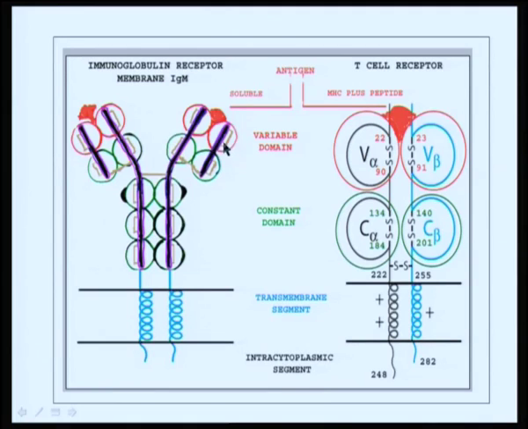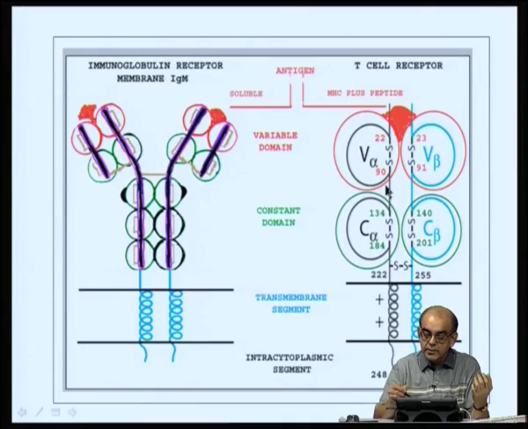However, just like the immunoglobulin molecules, which are shown in red, you have a variable segment over here. There are 2 chains called alpha and beta. The alpha chain has the variable segment, and the green represents the constant regions.